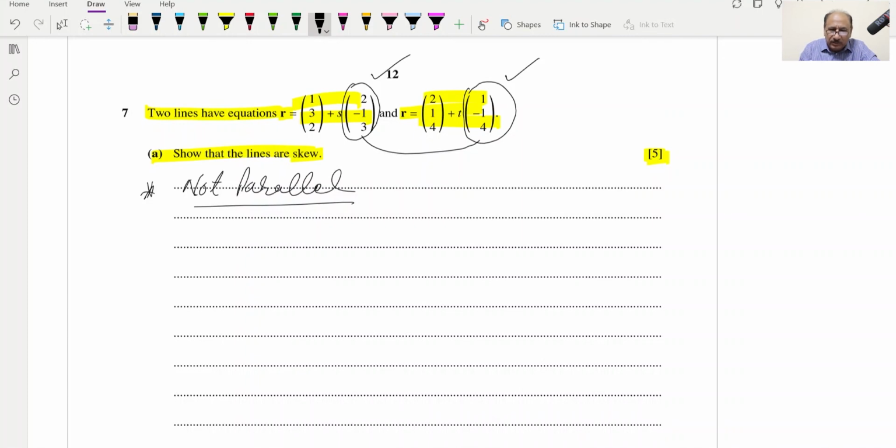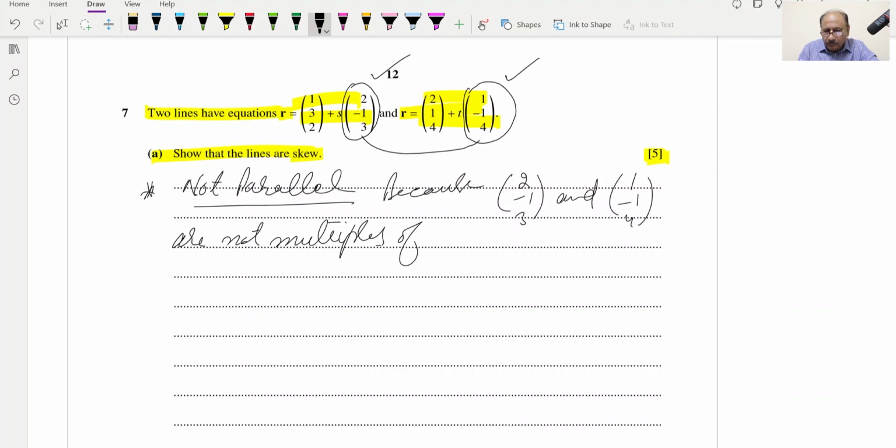So we can write not parallel, because 2 minus 1 and 3 and 1 minus 1 and 4 are not multiples of each other. So that is one condition.